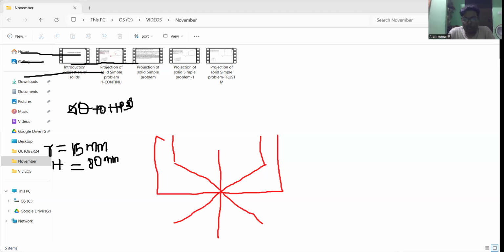Similarly, you have to do the rest. The next step is to construct the bottom names and mention the top names. Here I consider A, B, C, D, E, F, G, H as the bottom side of the cylinder, and 1, 2, 3, 4, 5, 6, 7, 8 as the top side of my cylinder. So these are my basic data.